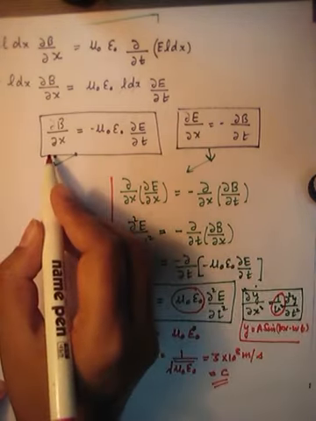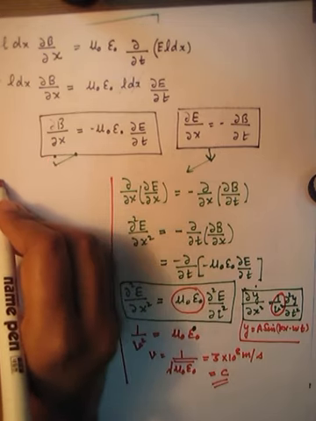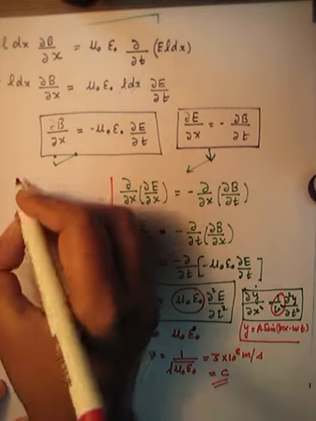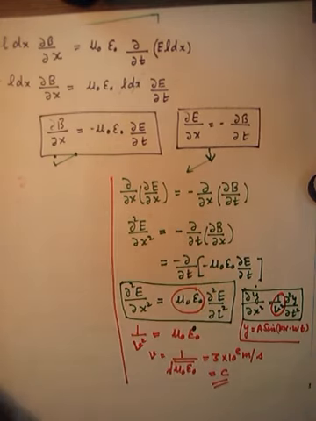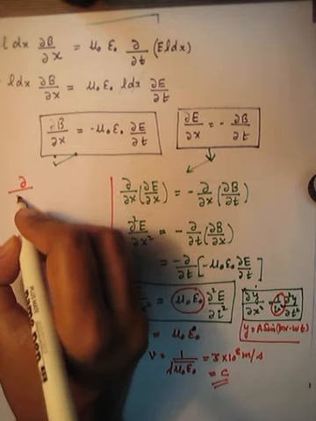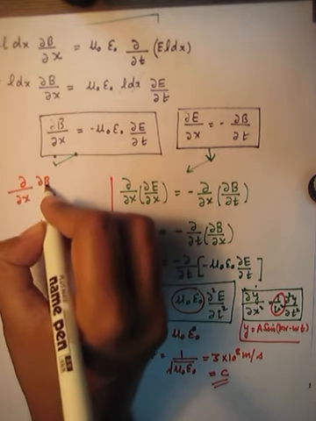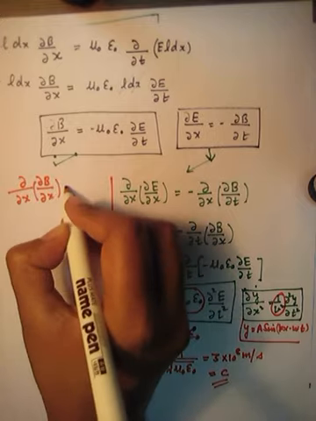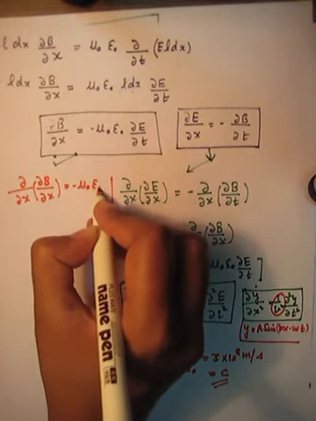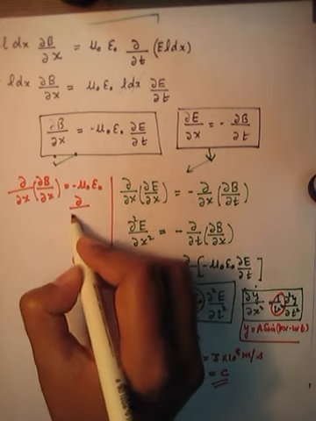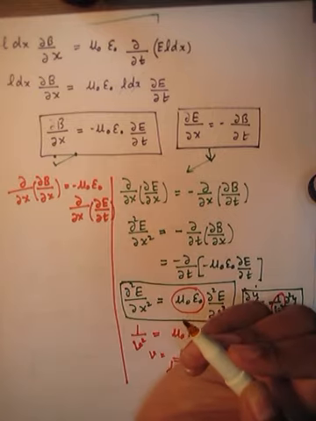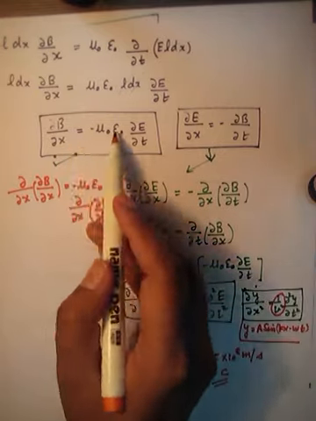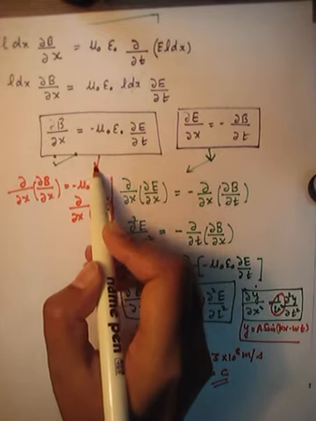It will be ∂/∂x of ∂B/∂x is equal to minus μ₀ε₀ ∂/∂x of ∂E/∂t. Okay, so we are just taking a partial derivative of this equation with respect to x.